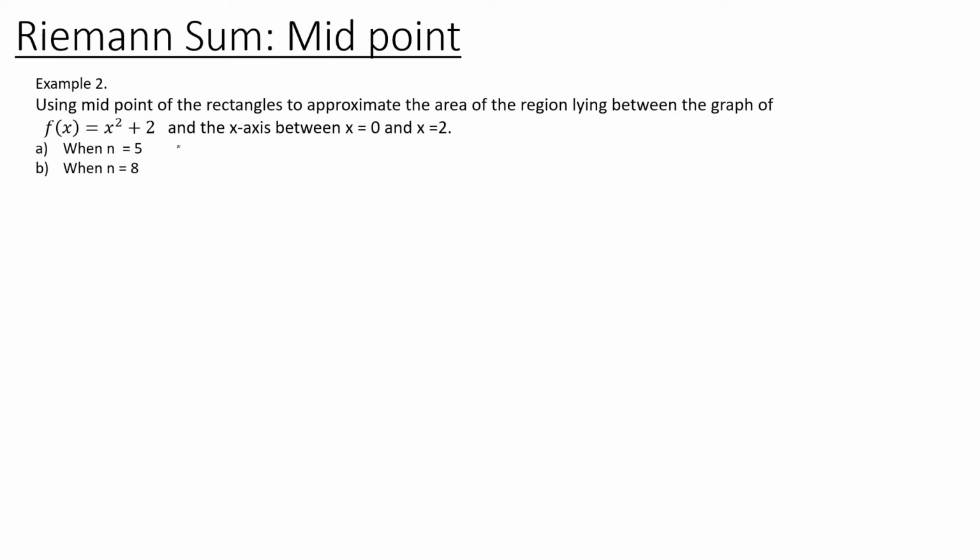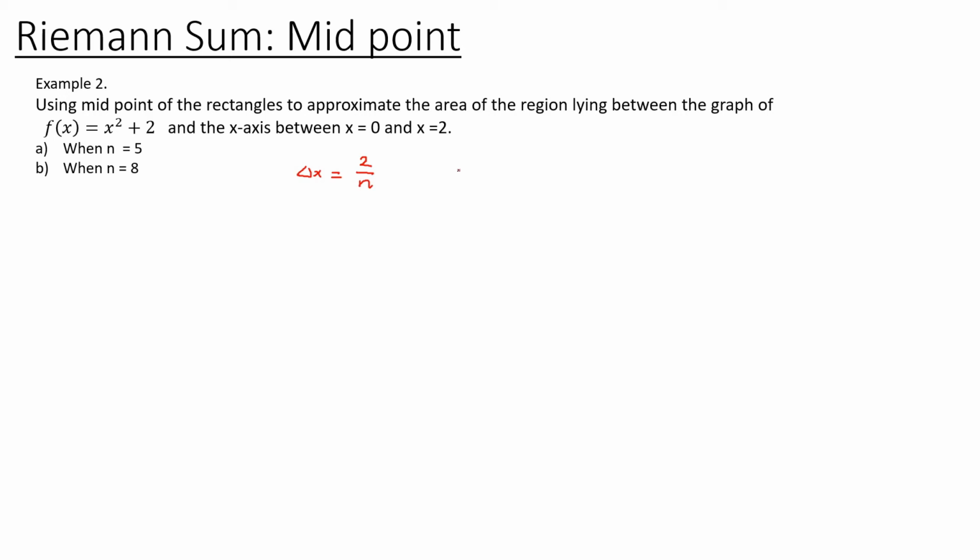Because we want to find the rectangular approximation of x squared plus 2 between 0 and 2, we could say the width is 2 over n. Again, we don't know how many rectangles we're going to put in, but whatever the number is, we divide by that.